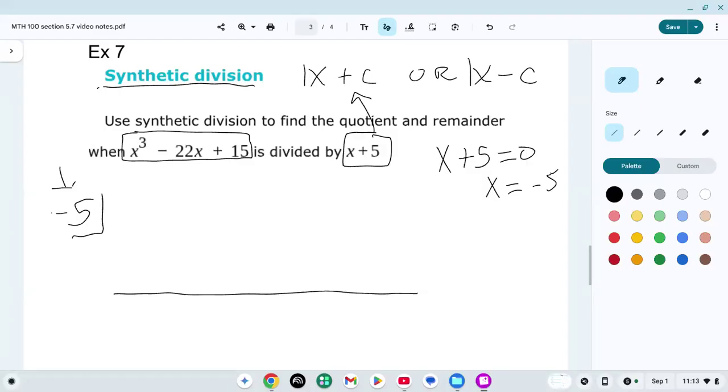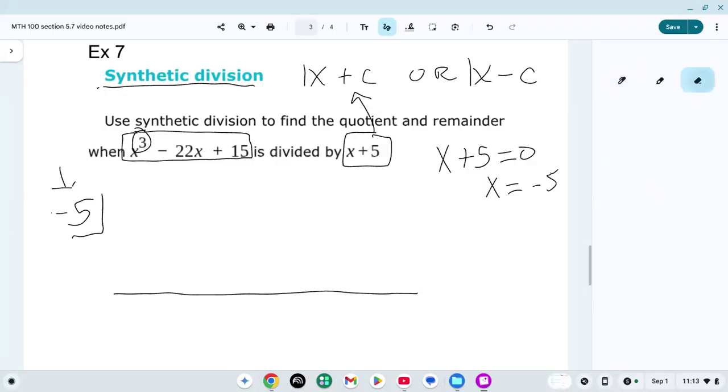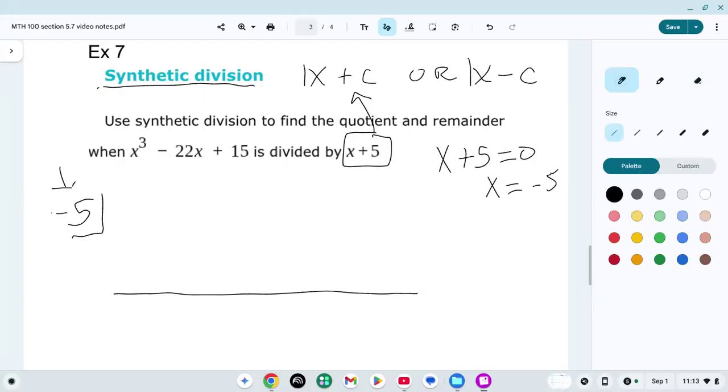The biggest power in this problem is an x to the third. So I should have 4 terms. But if you notice, this polynomial only has 3. So I have to identify what is missing. So technically, I have x to the third plus 0x squared minus 22x plus 15.